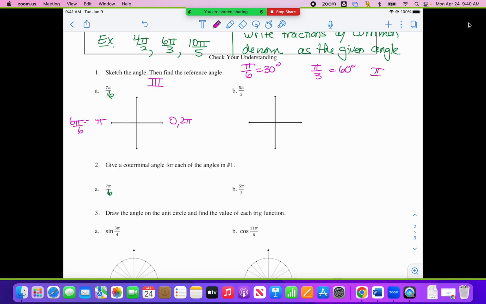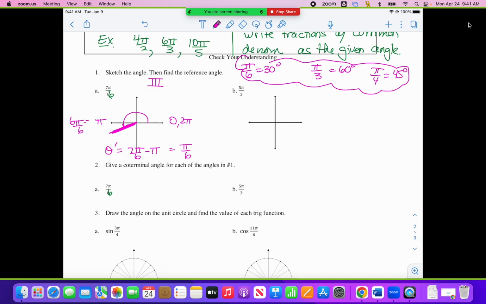And what's pi over 4? 45. You have to know these three like the back of your hand. You can always figure them out, but it's quicker if you memorize them. So I'm 30 degrees in. My reference angle would be 7 pi over 6 minus pi, but pi is 6 pi over 6. So the reference angle is pi over 6.